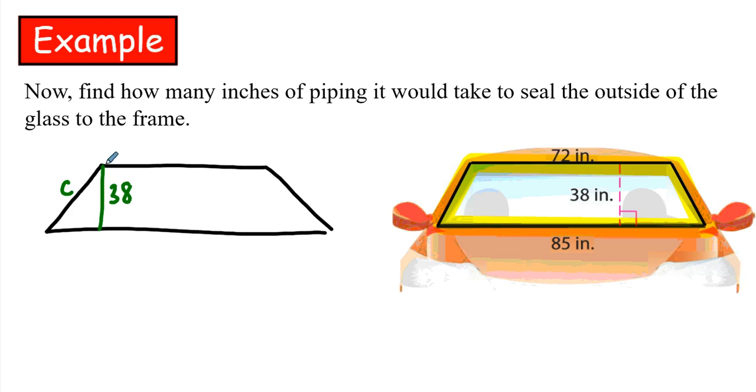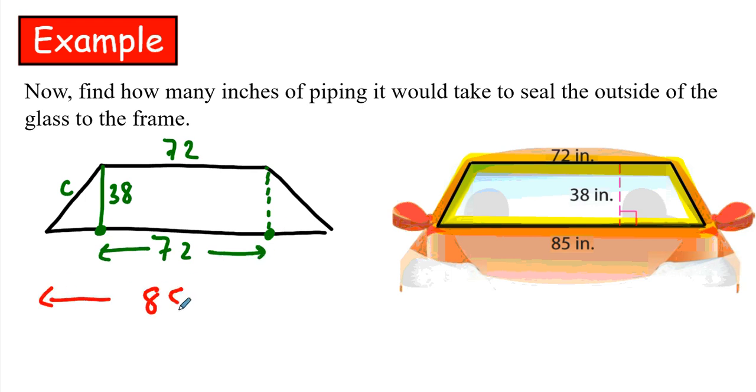I know that from here to there is 72, and I also know the entire bottom is 85. So how can I figure out what these are? They have to be what remains. 85 minus 72 is 13, which means each of these needs to be 6.5, so that the entire bottom would be 85.